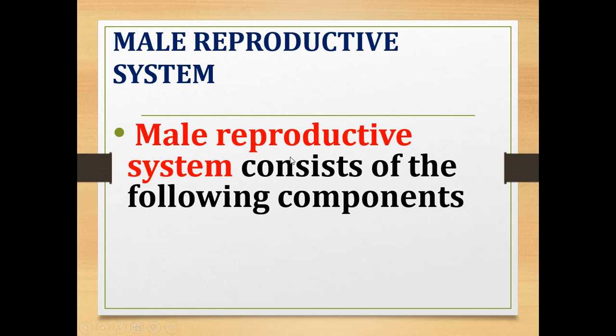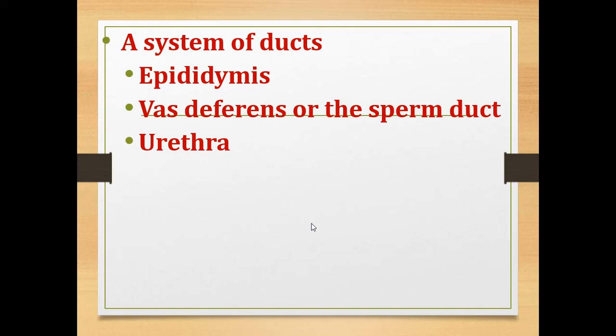The male reproductive system consists of the following components. First we can see the parts of the male reproductive system. In the male reproductive system there is one pair of testes, a system of ducts. There are three ducts in the male reproductive system.